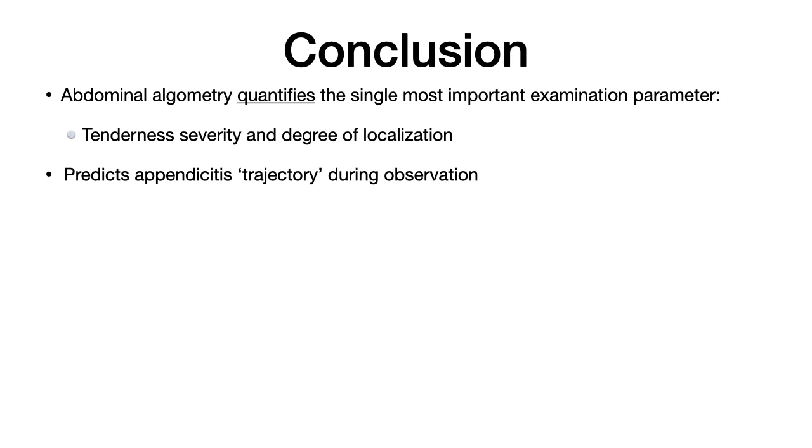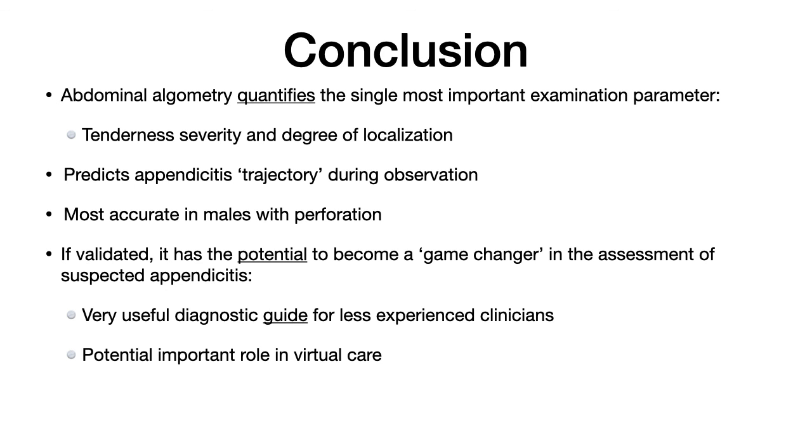If you're observing the patient, it projects whether this is going to be an appendicitis patient or a non-appendicitis patient. It's most accurate in males with perforation. And if validated, this procedure has the potential to become a game changer in the assessment of suspected appendicitis. And it could be a very useful diagnostic guide.